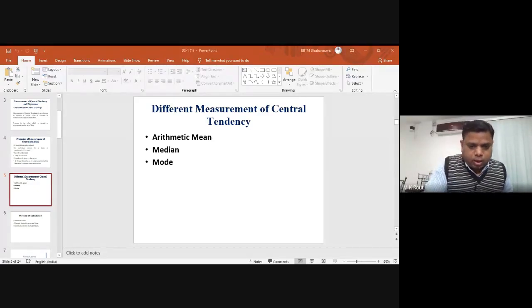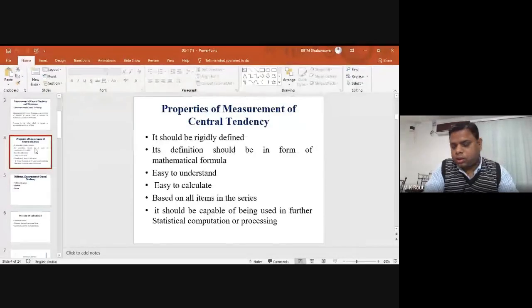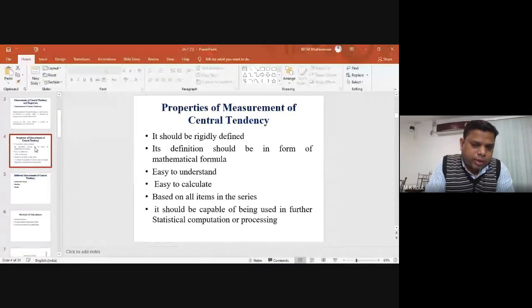So sorry for that. Moving to the first slide, let me repeat the properties of measurement of central tendency. As you know, the central line or average should be rigidly defined, whether it is mean, mode, or median, and it should be mathematically presented.